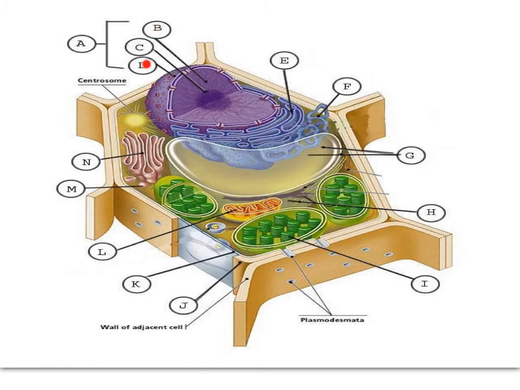B, C, and D, all of which constitute A, represent components of the nucleus, the nucleoplasm, the nucleolus, and the nuclear envelope. E is endoplasmic reticulum, while F identifies ribosomes on the ER. G is the large central vacuole, typical of plant cells.